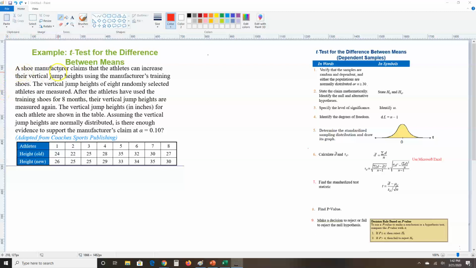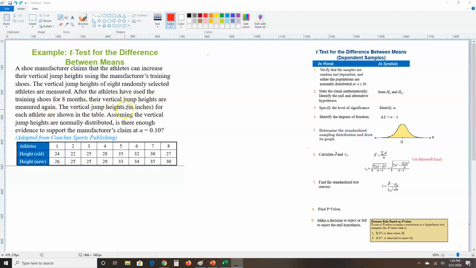It says a shoe manufacturer claims that the athletes can increase their vertical jump heights using the manufacturer's training shoes. The vertical jump heights of 8 randomly selected athletes are measured. After the athletes have used the training shoes for 8 months, the vertical jump heights are measured again.